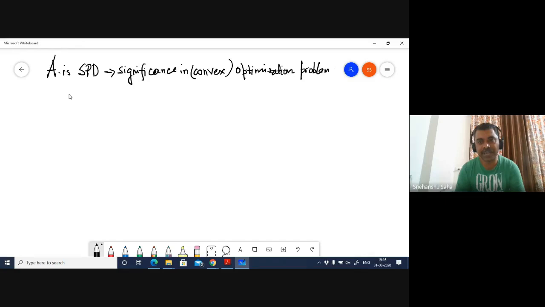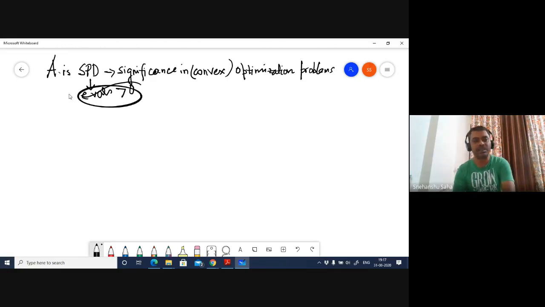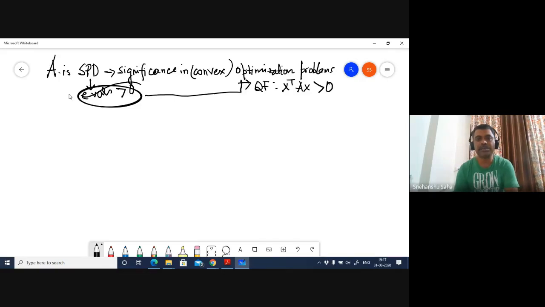And in machine learning, you end up solving such problems quite a lot. SPD means the eigenvalues are all greater than 0. If a matrix has eigenvalues all greater than 0 and is also symmetric, then the corresponding quadratic form, which we can write as x transpose A x, will be strictly positive.